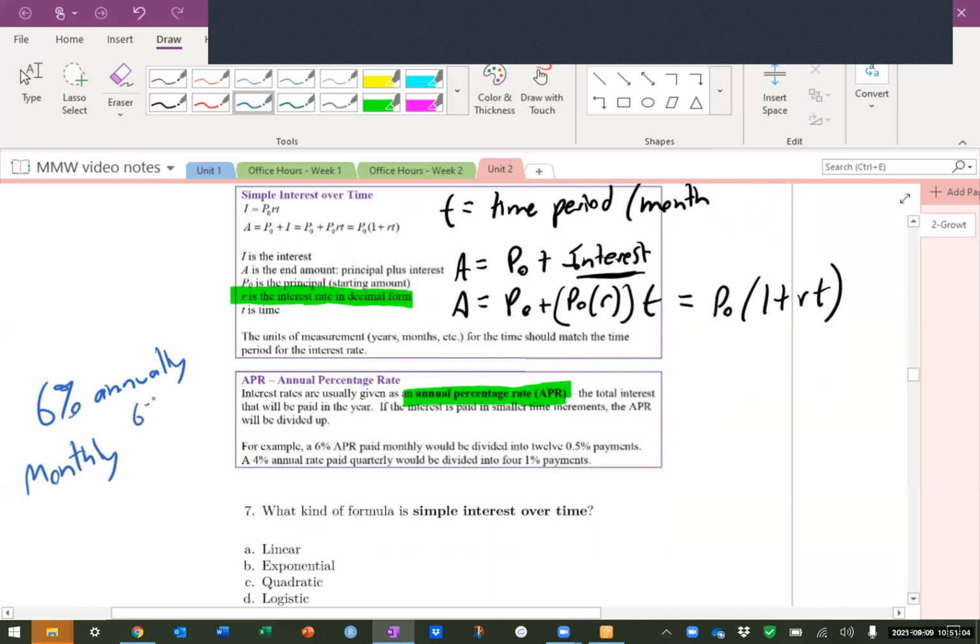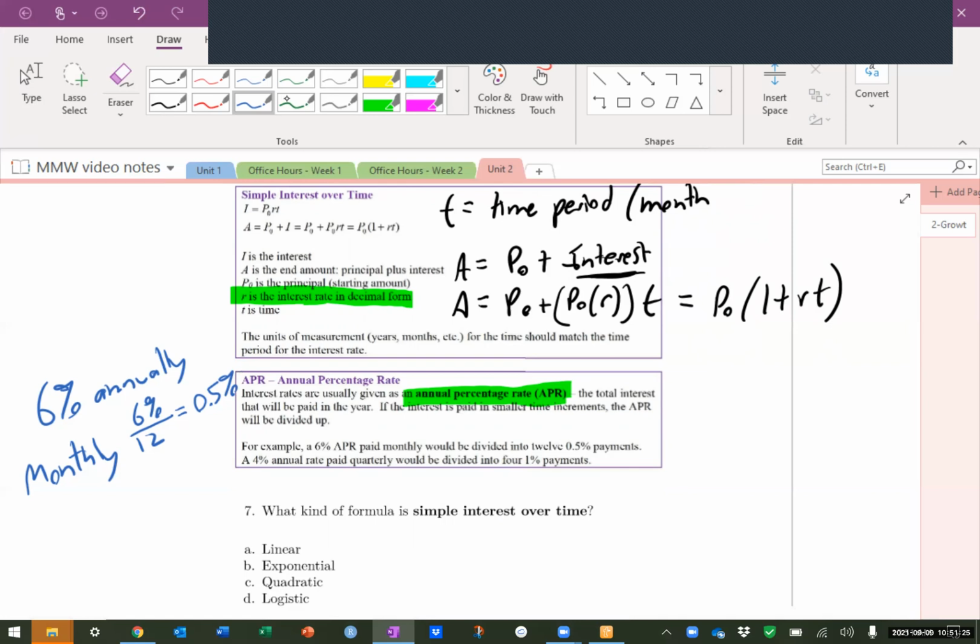So 6% divided by 12, you're paying 1/12 of that interest each month. So that means you're paying a monthly rate of 0.5%.